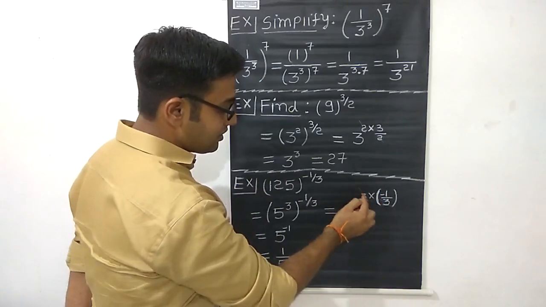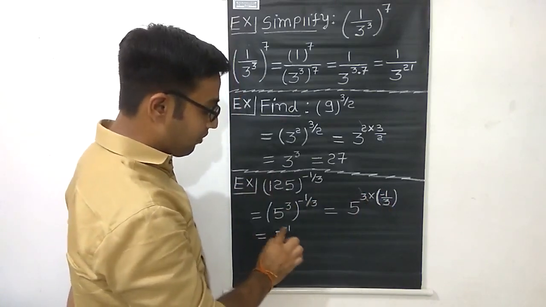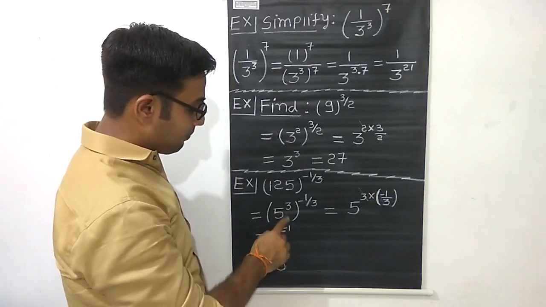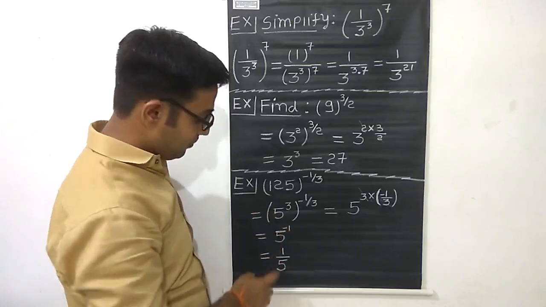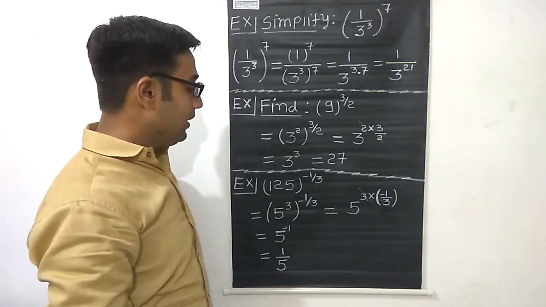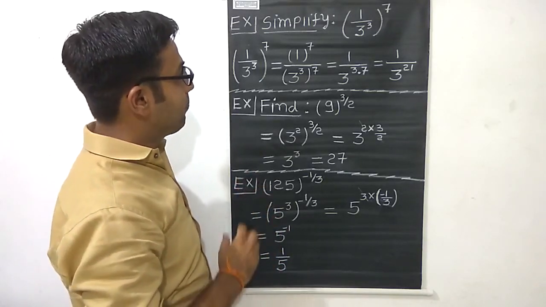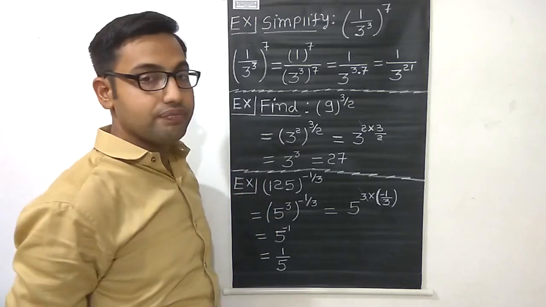Again this 3 and this 3 cancel each other, so we are left with 5 raised to power minus 1. Now to make this power positive, we simply take it into the denominator. So we can write it as 1 upon 5. So this is all about exponents and powers for real numbers. Thank you.